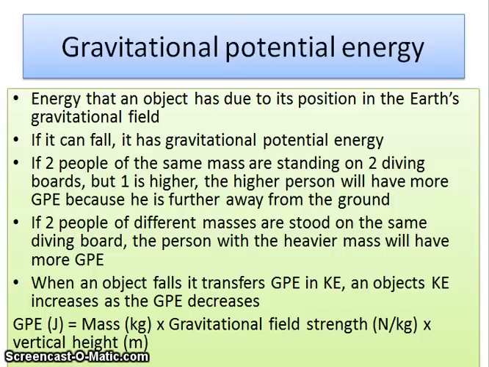So for instance, if you were looking at the slide example, if you had a 70 kilogram person, so the mass is 70, times the gravitational field strength, which would be 10, times however high they climbed up to get to the top of the slide, and let's just say that was 3 meters. You could multiply those together and you could work out the gravitational potential energy of that person.